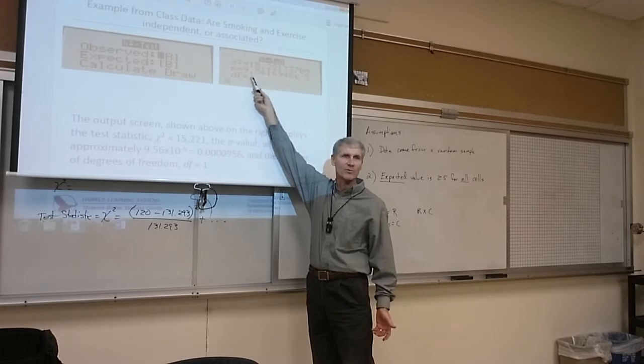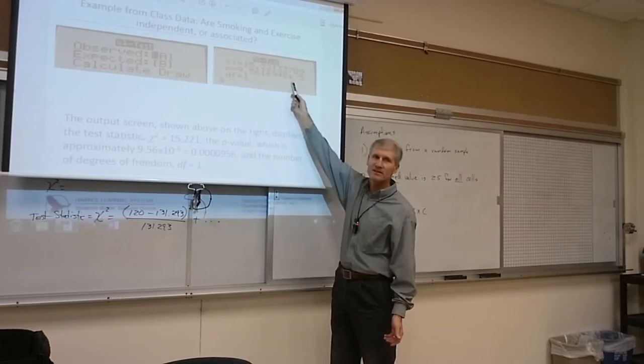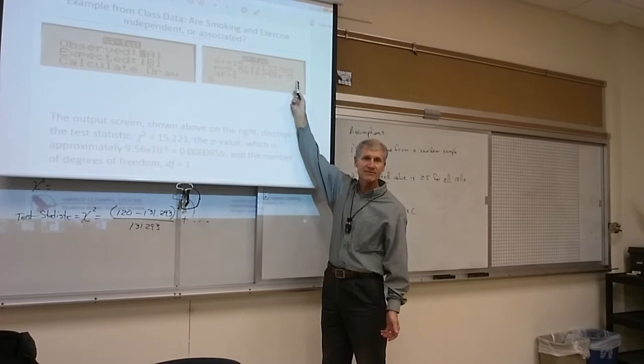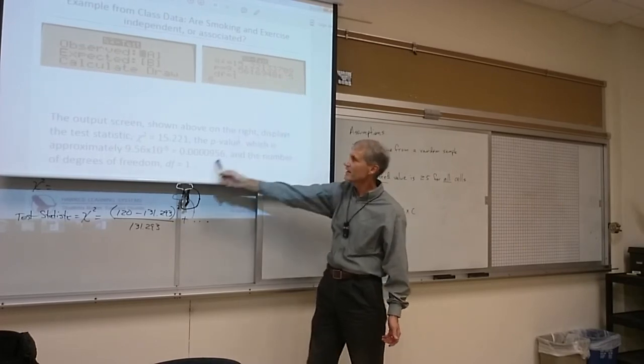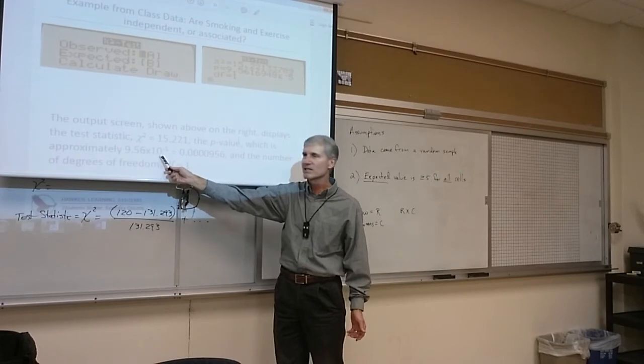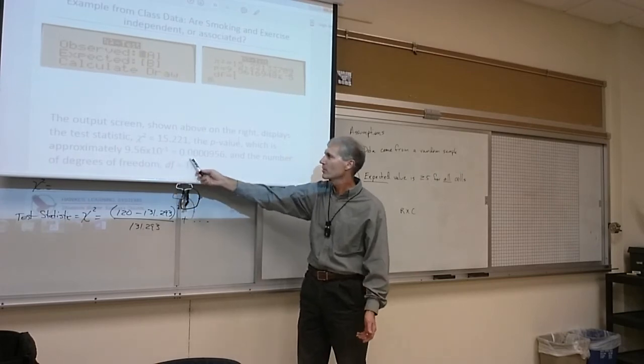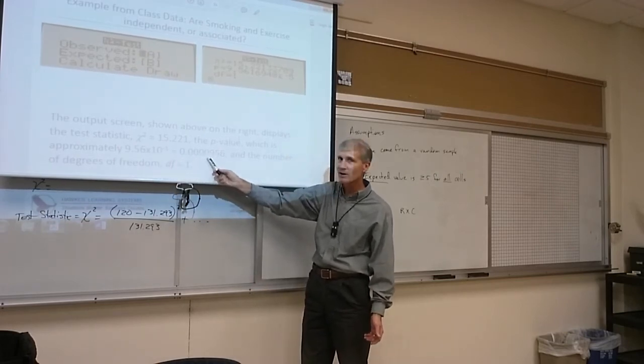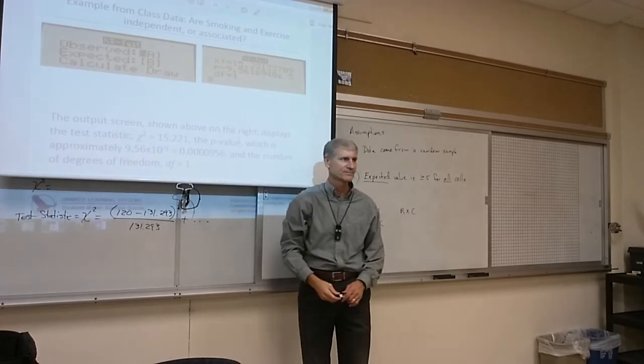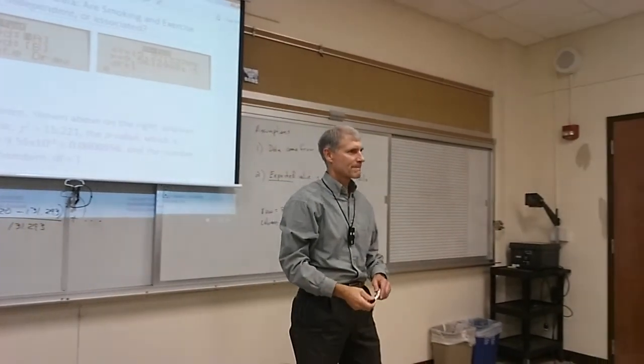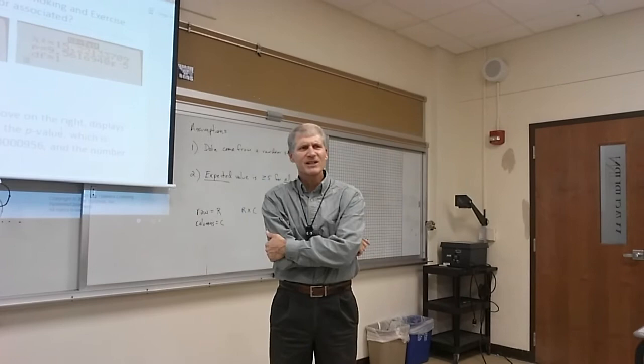It's got to be a number less than 1. So you look out over here and you see E negative 5. So that's 9.56 times 10 to the negative 5th power, or 0.0000956.